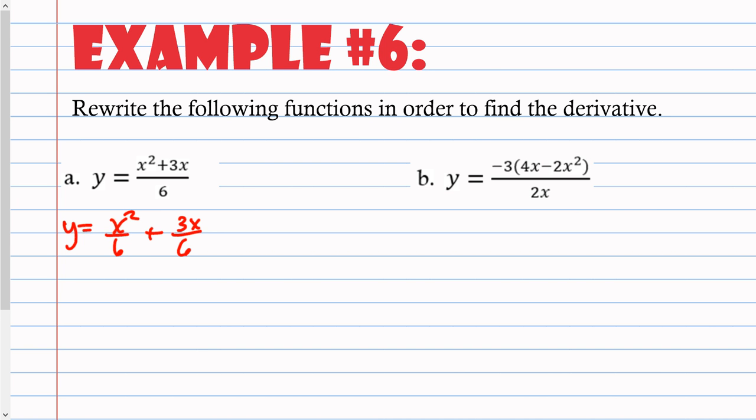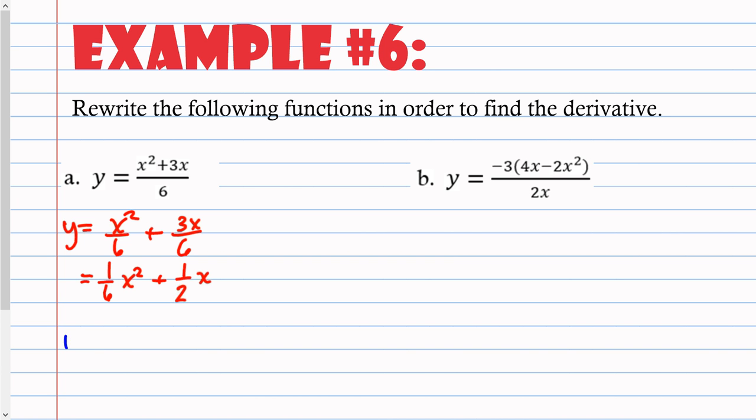So I split it up, and now I have two fractions instead of one. And then, if you recall, this x squared divided by 6 is the same as 1/6 x squared. And then the 3 over 6, that's 1/2 x. Now we can just use a regular power rule.